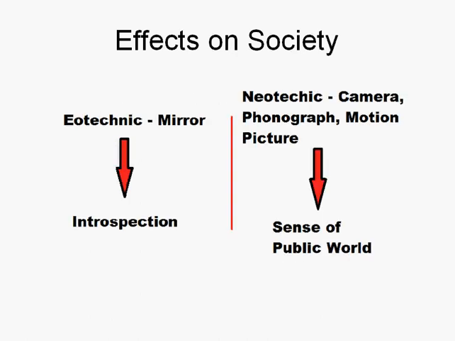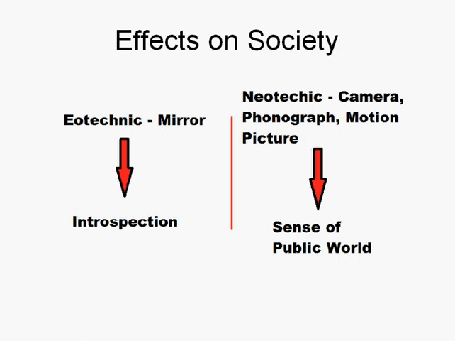As we think back to the eo-technic phase, we talked about the mirror and how when humans started to be able to look in a mirror, that changed their perception of themselves. It also allowed them maybe to be a little introspective, to realize maybe a little more about themselves.